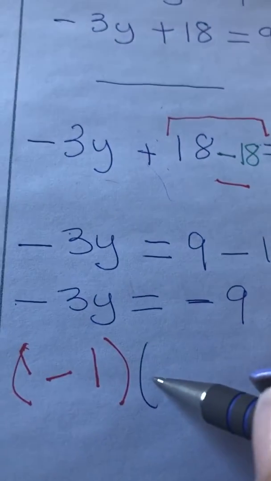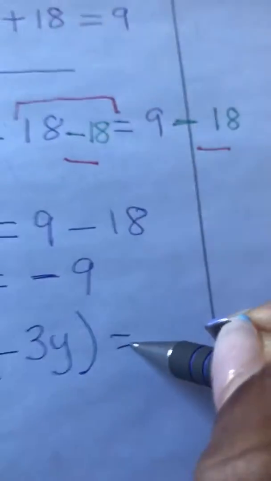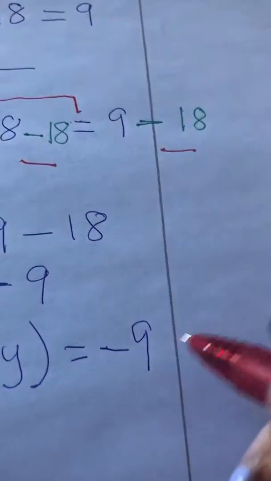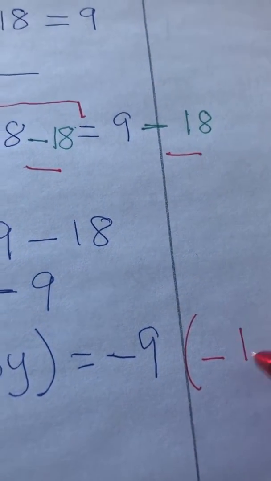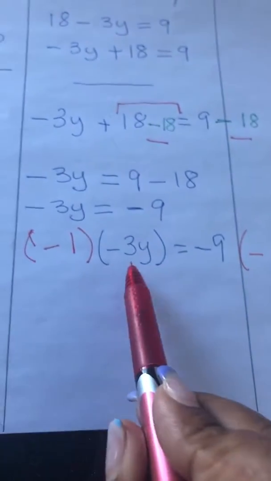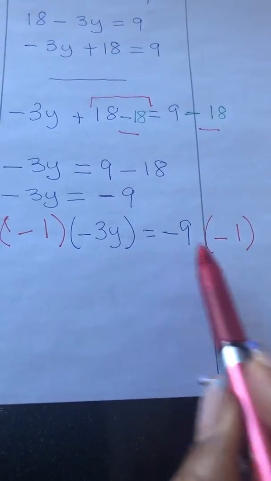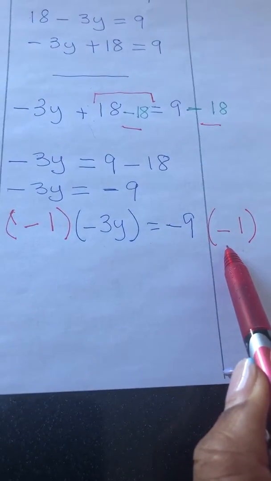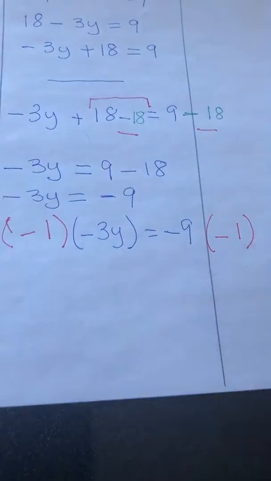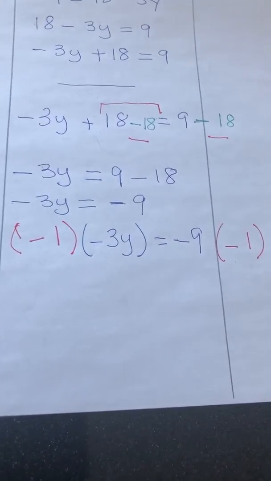So we're multiplying minus 3y by negative 1, and we're going to have to multiply negative 9 by minus 1 as well. So we're doing minus 1 times the negative 3y, and it's going to be equal to minus 9, again, times the negative 1. And really all that does is turn our signs into positive signs, essentially removing the negatives.